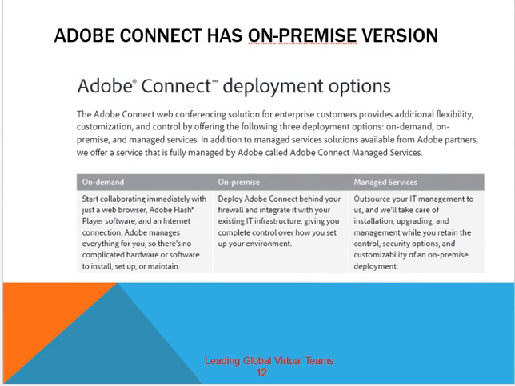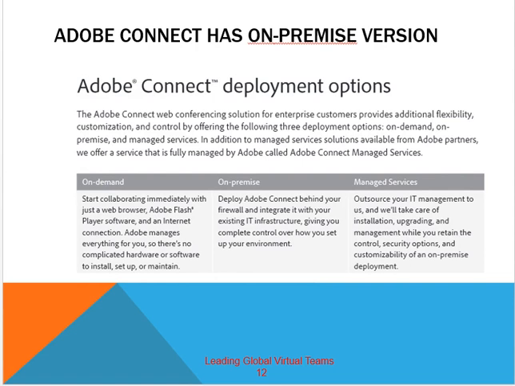So Adobe Connect has an on-premise version. They've got the on-demand version, where you start with your Adobe Flash player software and an internet connection, and Adobe manages everything for you.